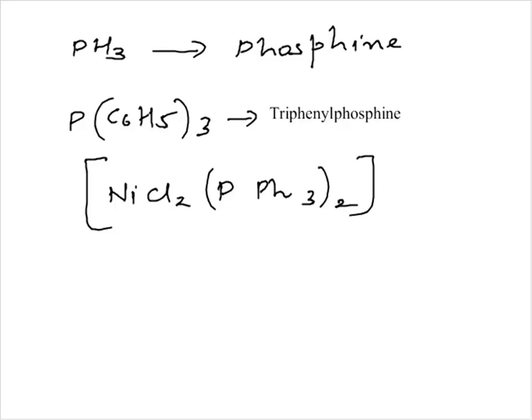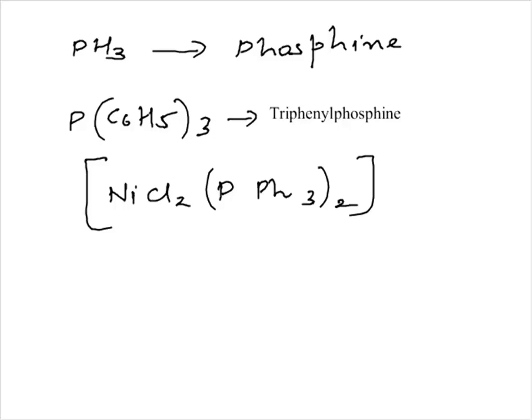Try this. So this is dichlorido bis triphenyl phosphine nickel 2. You said chlorido. Yes, sir.